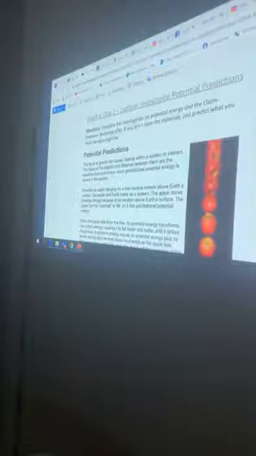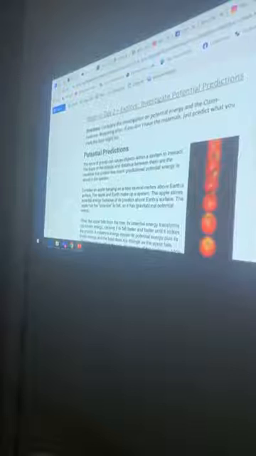Why do they say that the potential energy is stored in the system? Why does it say potential energy is stored in the system? Because it needed of motion?